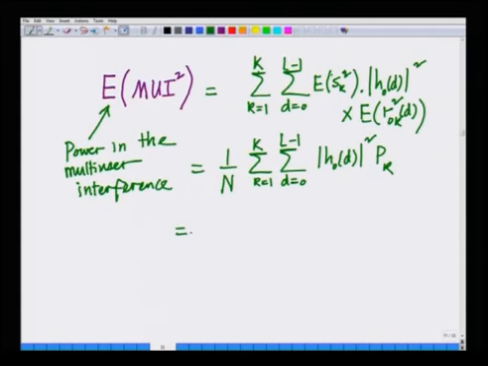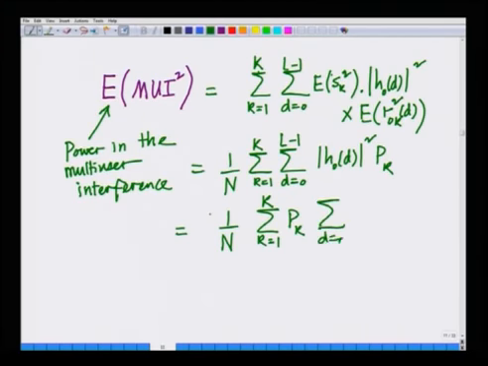Since this does not depend on d, I will pull it out of the summation. Sorry, there is a 1 over n. This is nothing but 1 over n, summation k equals 1 to capital K of P k, times summation d equals 0 to L minus 1 of magnitude H 0 d whole square.